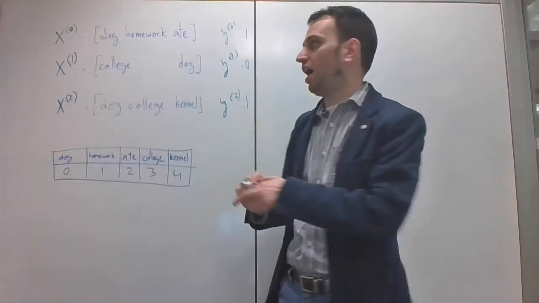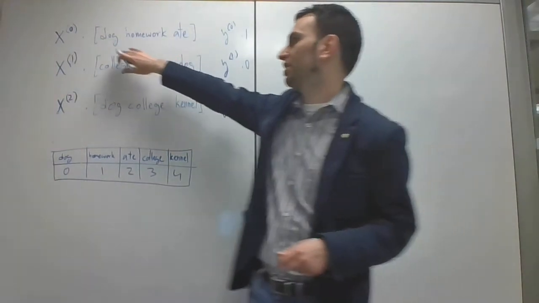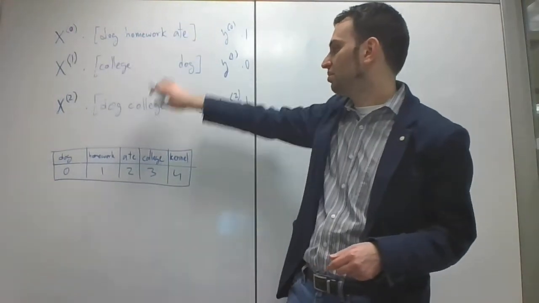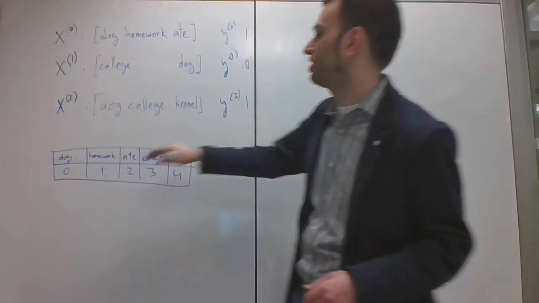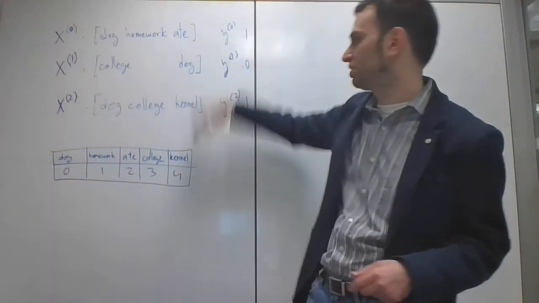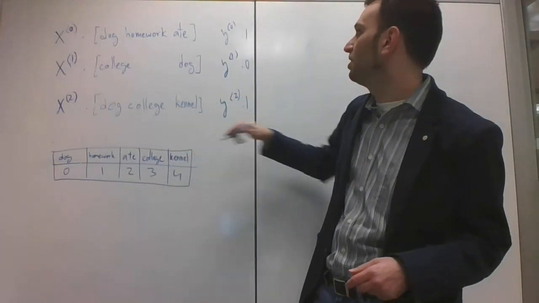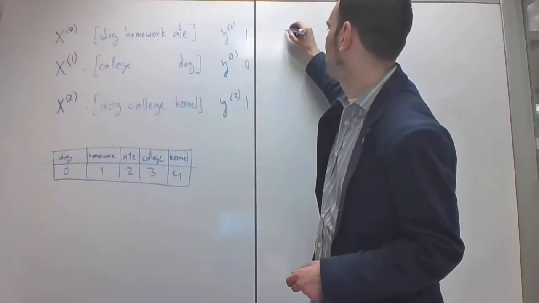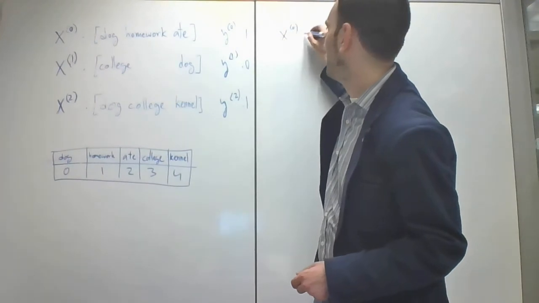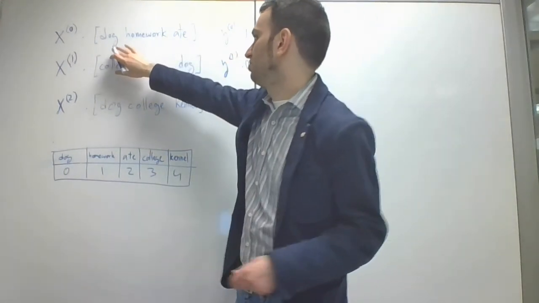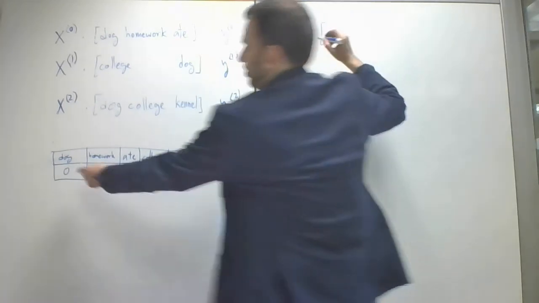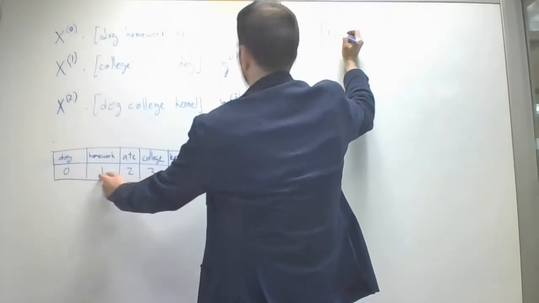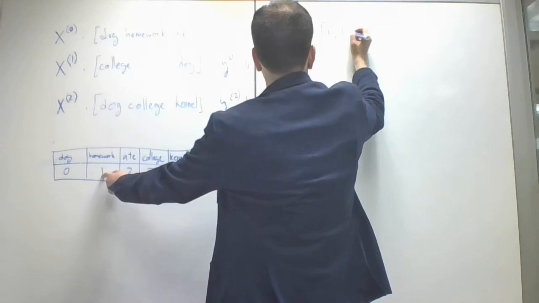Okay. How are we going to write it? We can write it as dog, homework, 8. But really, we want to write it using this encoding. Here, I just numbered all the words that appear in any email. So dog appears there, which means that x0 is going to be 1, and homework appears there, so x1 is going to be 1.